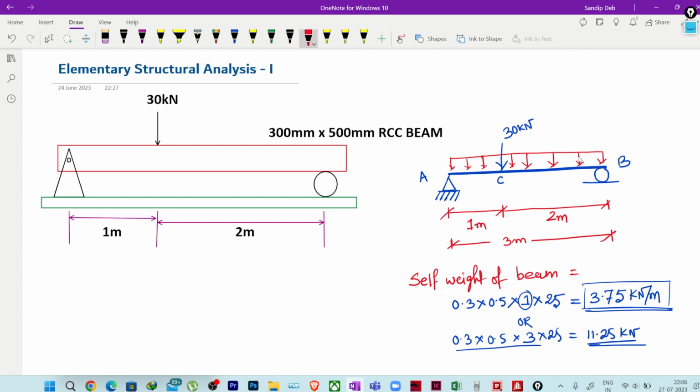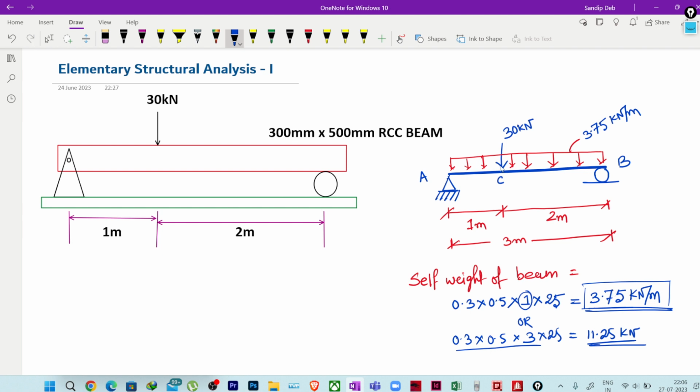So it is 3.75 kilonewton per meter. That means this total load 11.25 is distributed over this 3 meter length. If you divide 11.25 by 3, obviously you get 3.75 kilonewton per meter. Correct? It is uniformly distributed.